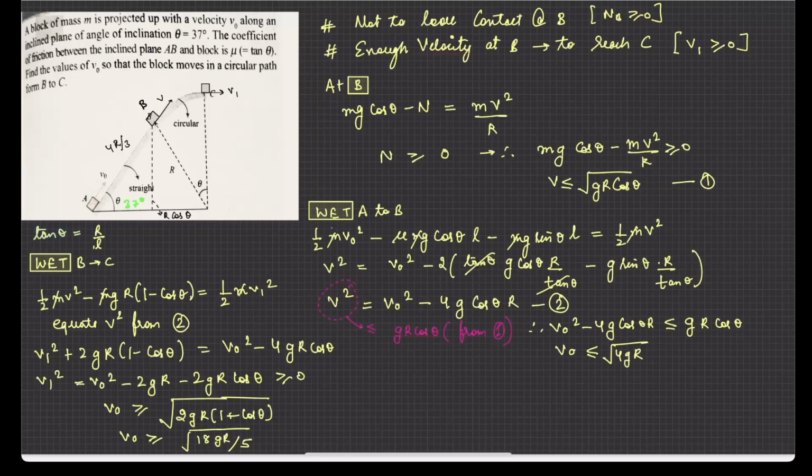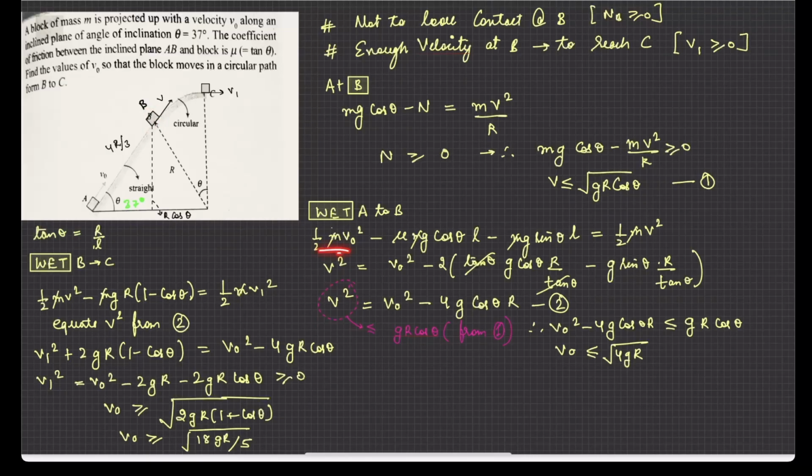So initial kinetic energy is half mv square, minus the work done by gravity, which will be negative because it is going up against the force of gravity, and the friction will also be opposing this motion, so its final velocity will come down, the kinetic energy will decrease.